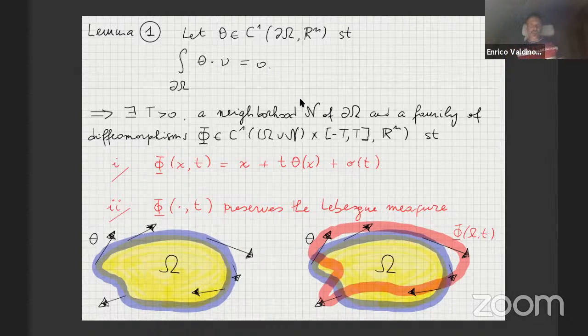Okay, so the things I'm looking at are vector fields that have zero flux on the boundary of omega. This is the condition that will be on my side for probably the rest of these lectures. So theta is just defined, as you see from the picture, on the boundary of omega.